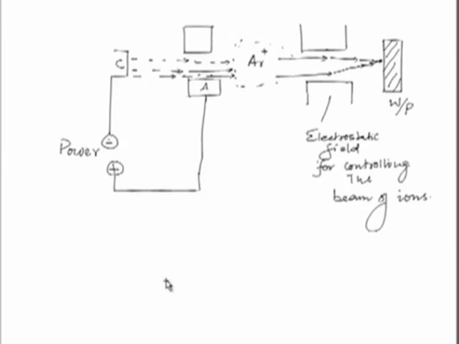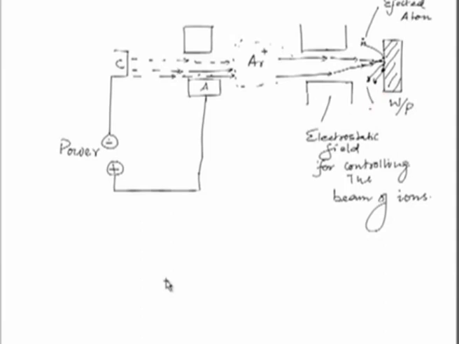Thus, when this beam of ions hits this workpiece surface, small atoms of this surface will come out from the workpiece surface. Therefore, these are ejected atoms rather than the evaporated materials as in the case of PAM or EBM.